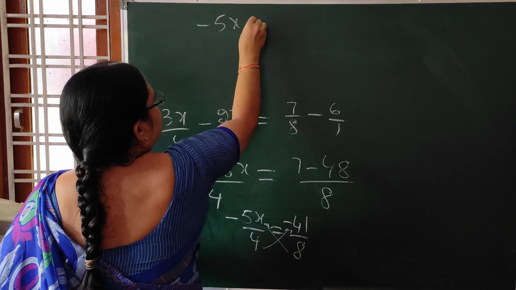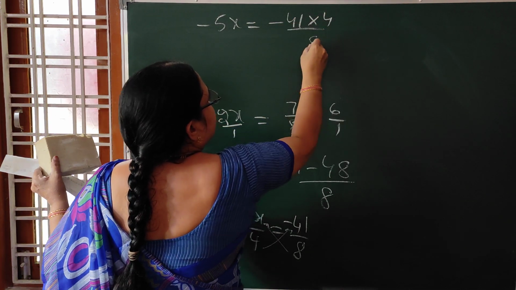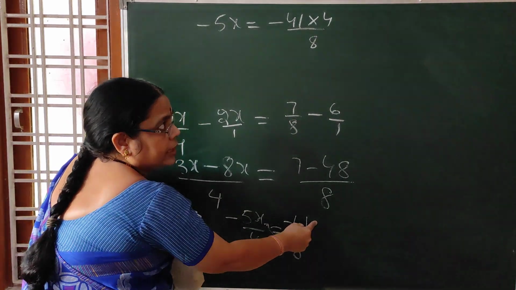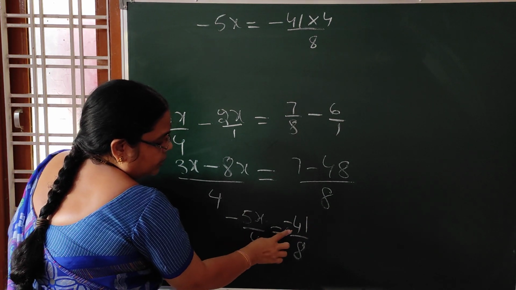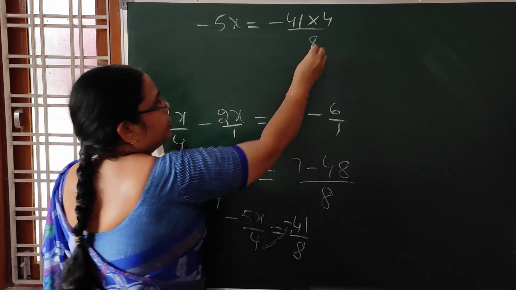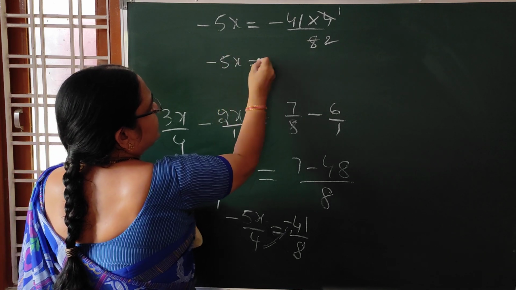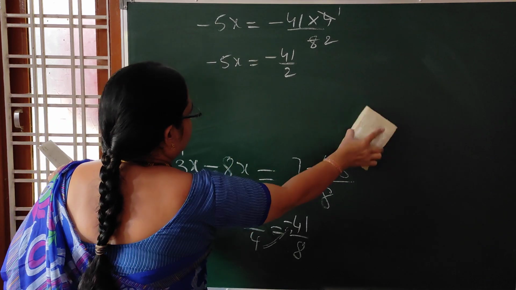Minus 5x is equal to minus 41 into 4 by 8. Instead of doing cross multiplication, you can do in this way. So minus 41 into 4 by 8 becomes 4 ones are 4, 4 twos are 8. Minus 5x is equal to minus 41 by 2.